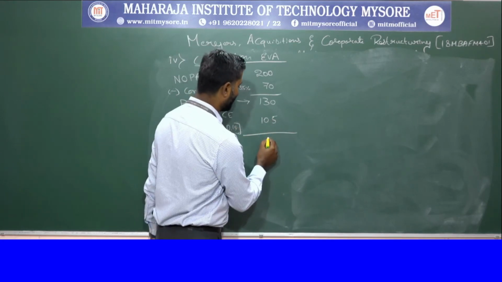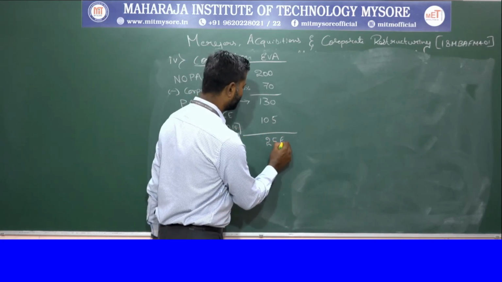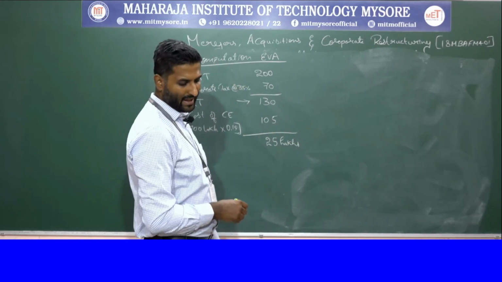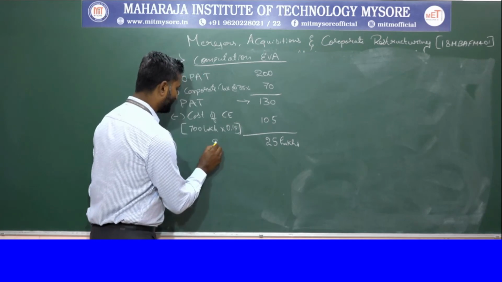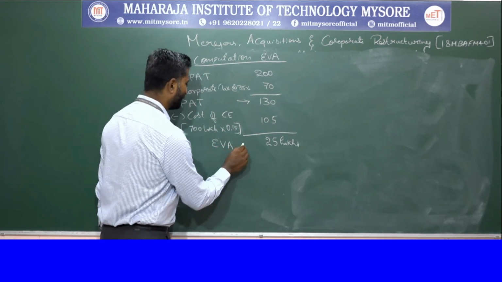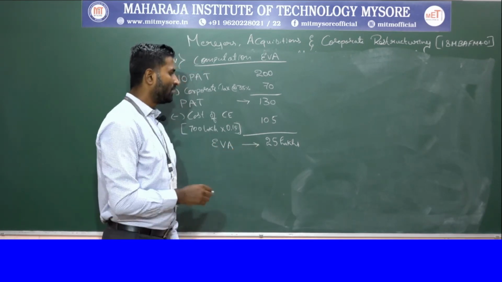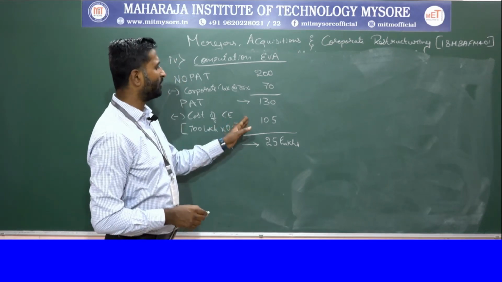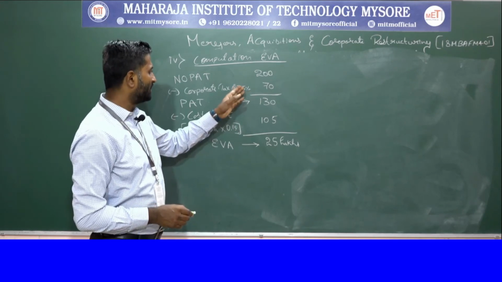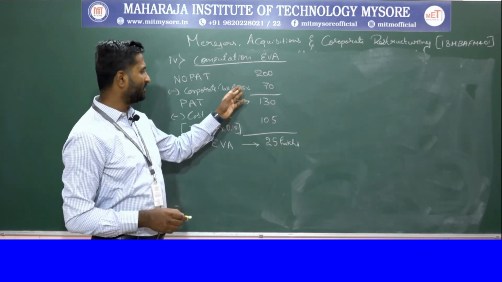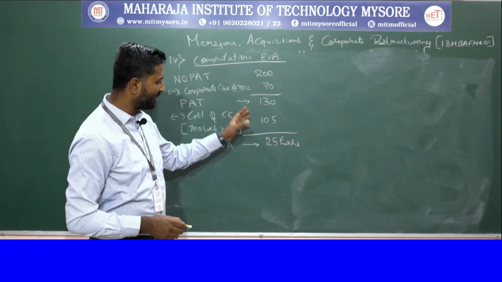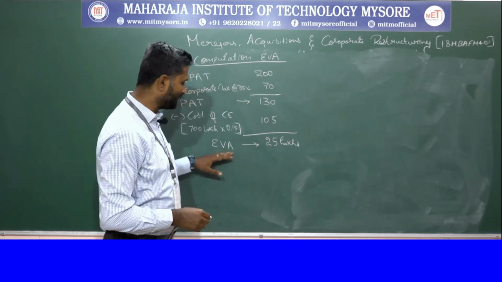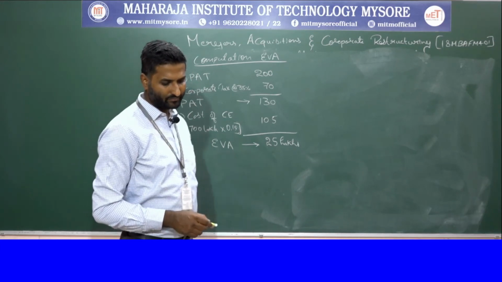So we are resulted with 25 lakhs, which you can consider as economic value added. So you can say that the firm, after meeting all the long term liabilities and the default risk with respect to tax and all, still has a value of 25 lakhs under the EVA method.